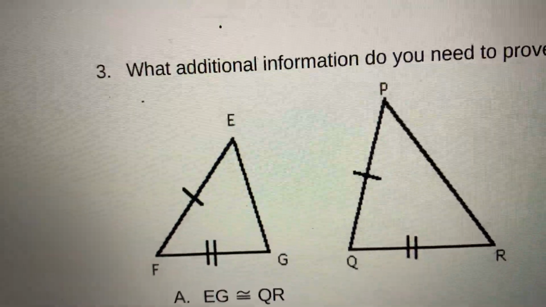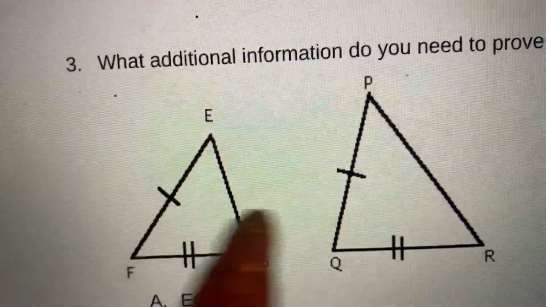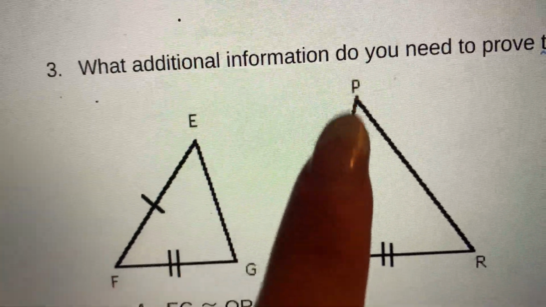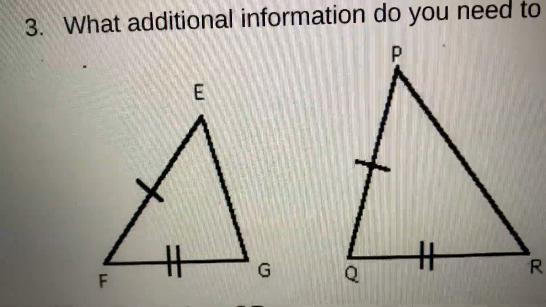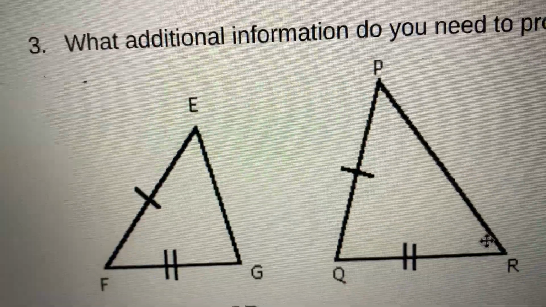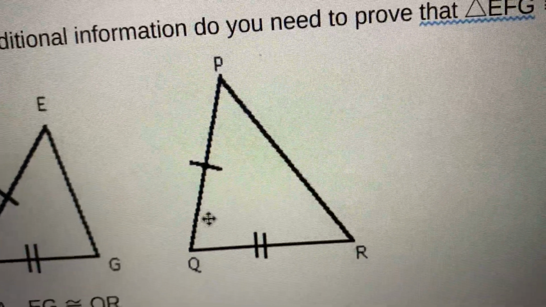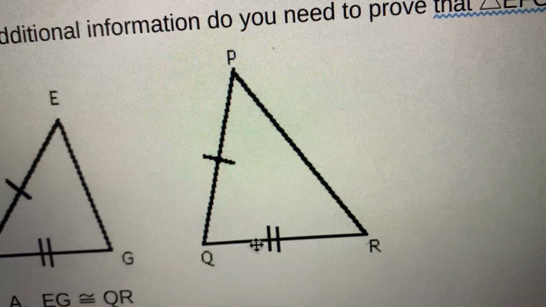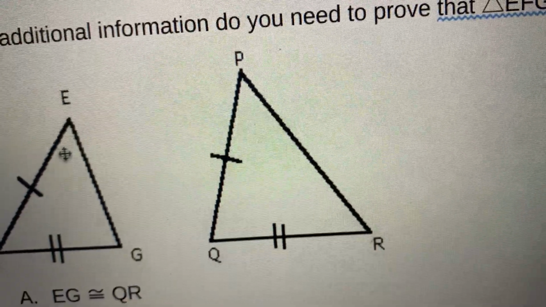So we know that we have FE is congruent to QP because each of those just have the 1 little mark. We know that FG with 2 marks is congruent to QR because it has 2 marks. So we need to know that PR is congruent to EG.